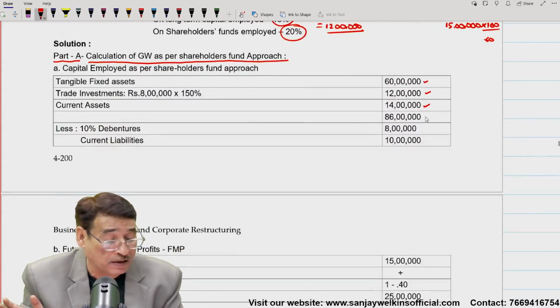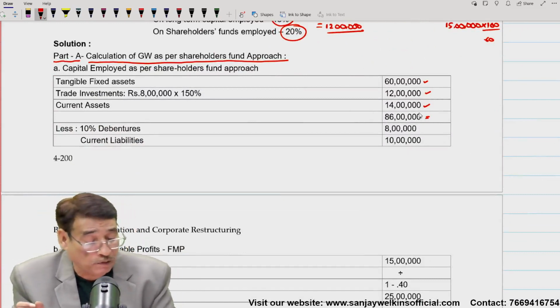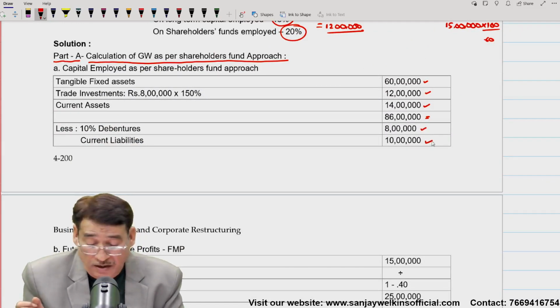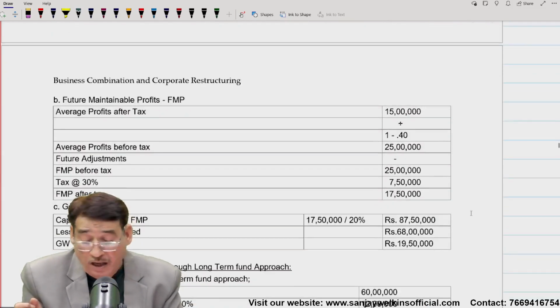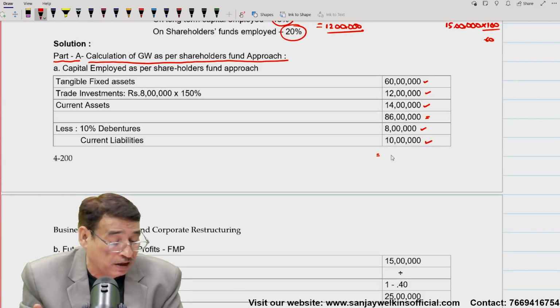So total current asset will be equal to 26 lakh. Total assets will be equal to 86 lakh. There are two liabilities, debentures and current liability. We will subtract, and we can get in this case capital employed. If I subtract 18 lakh from 86 lakh, I think it will be equal to 68 lakh.